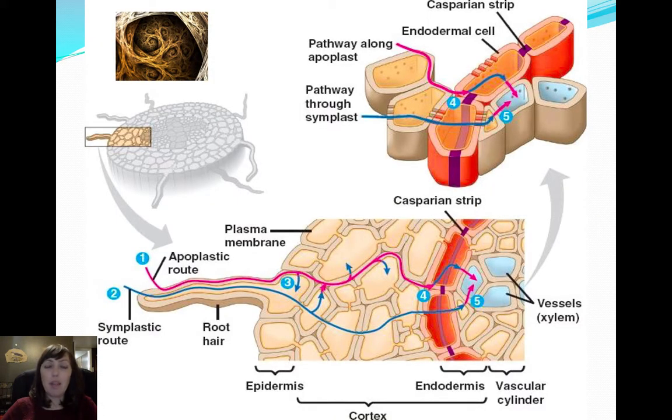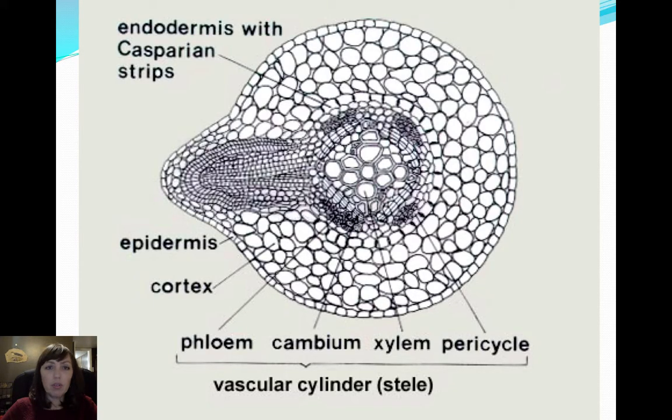Okay, another set of models that are helpful. Here is another, a very typical sort of Cambridge drawing that you might see. You can see the endodermis there with the Casparian strips.